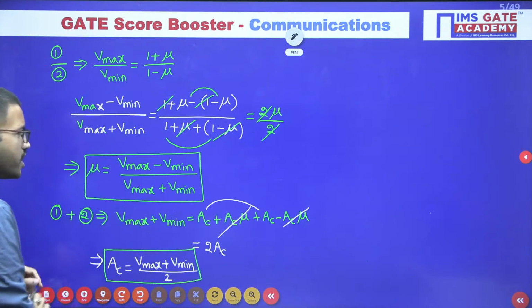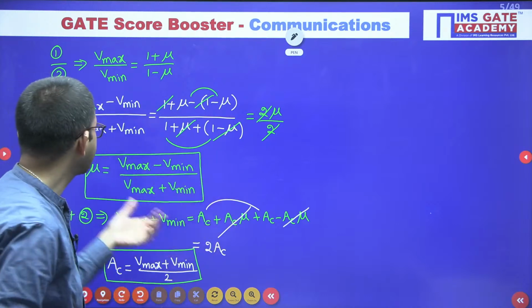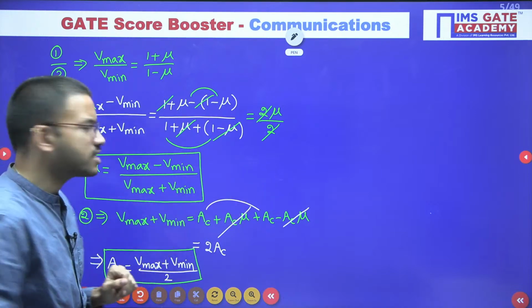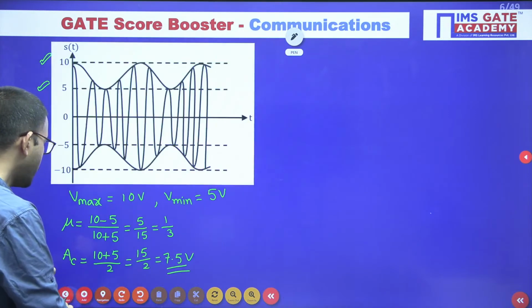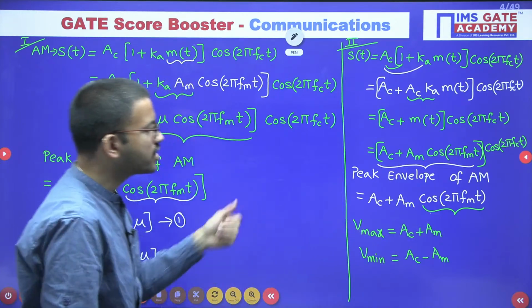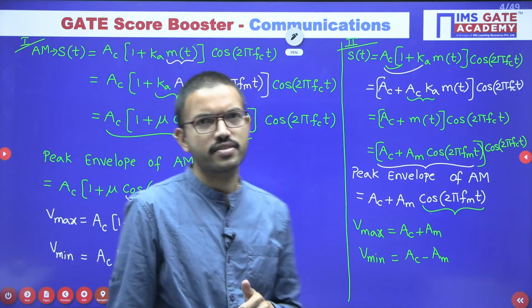Now, whatever operation you performed earlier, a similar operation you can do. Since you already have the modulation index formula, whatever Vmax and Vmin you are getting, you can substitute. You are going to get one more derived formula regarding modulation index.